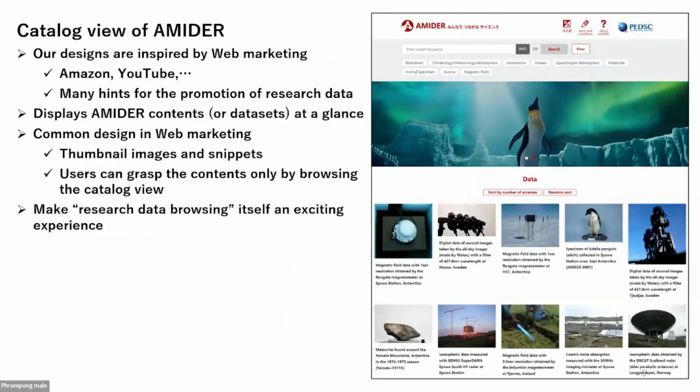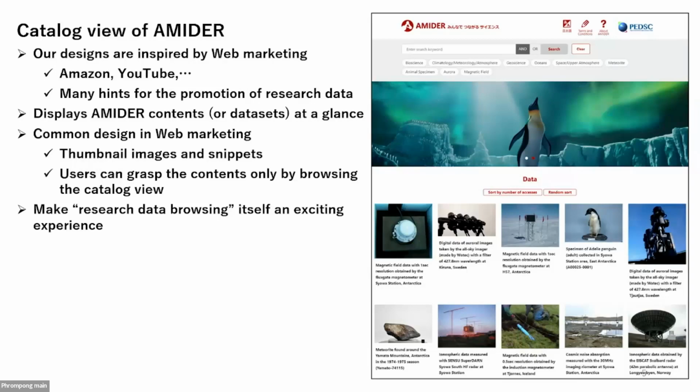As a first, I talk about our user interface design. This is catalog view. Our designs are inspired by marketing sites such as Amazon. There are many hints for promotion of such data. For example, this catalog view displays AMIDA contents or data sets at a glance.